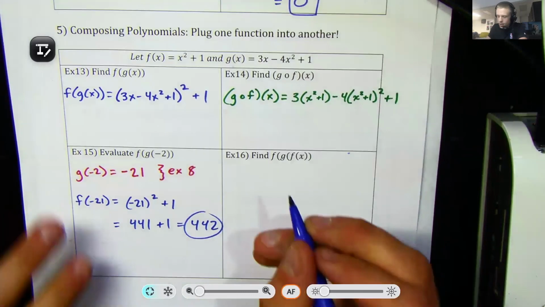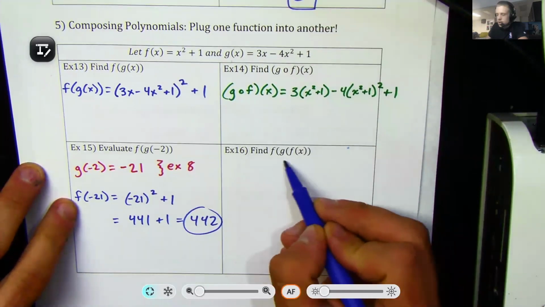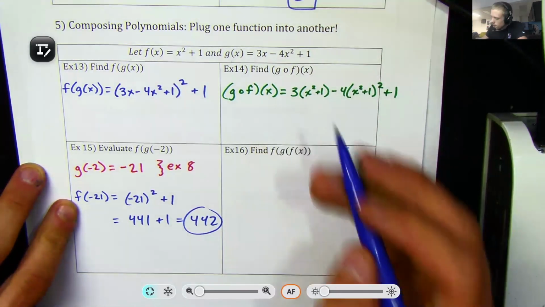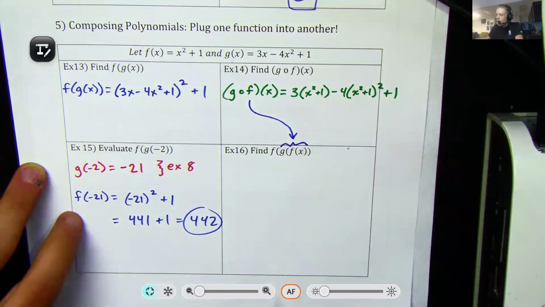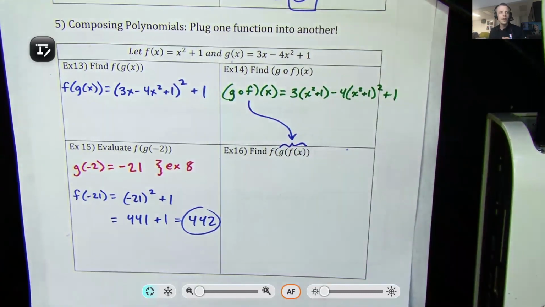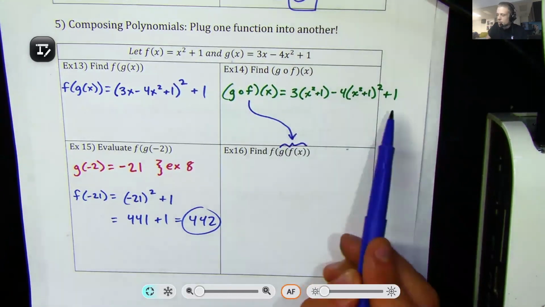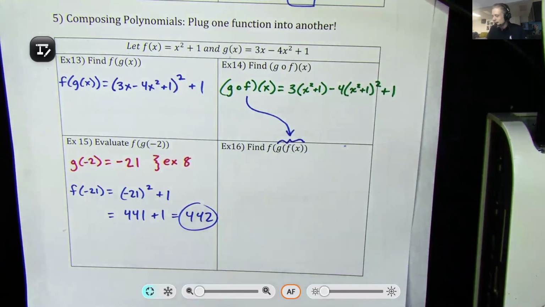So here we go. I know that g of f of x is this guy here, right? So make sure you make that connection. So I already have that there. So since I know that, I just need to plug this entire thing into f of x. All right, that's going to be disgusting, but let's try it.